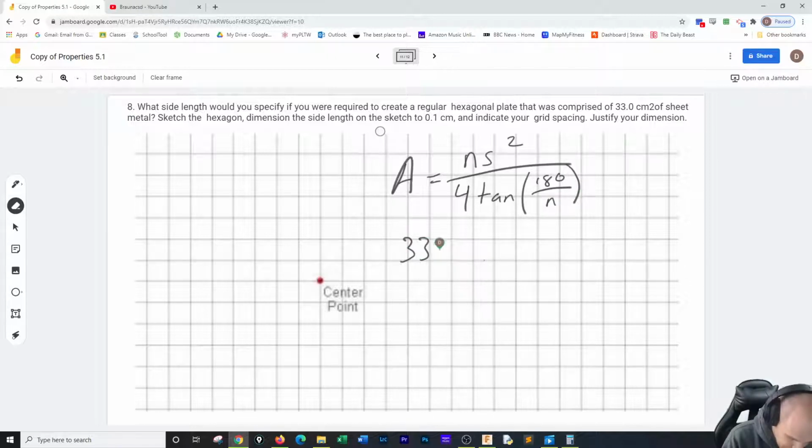And it has told us that our area is 33 centimeters squared, which equals 6 times the side squared over 4, and I'm going to divide this out for you, times the tangent of 180 over 6, which is going to be 30.